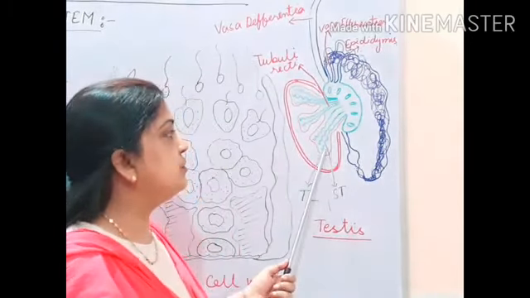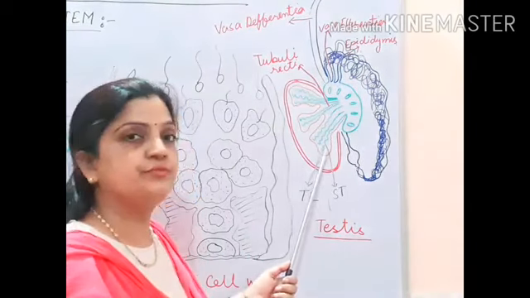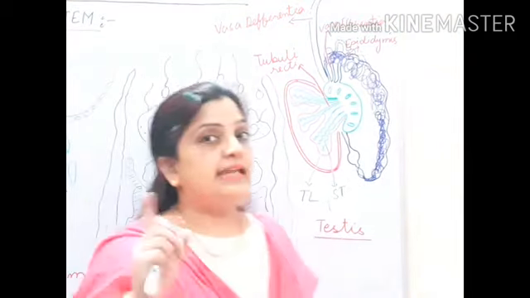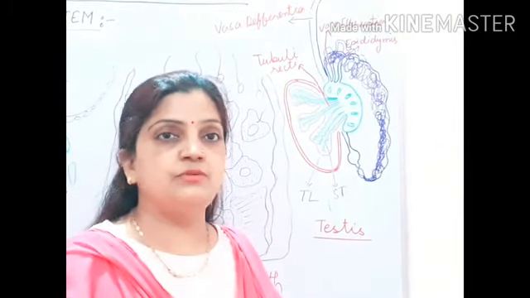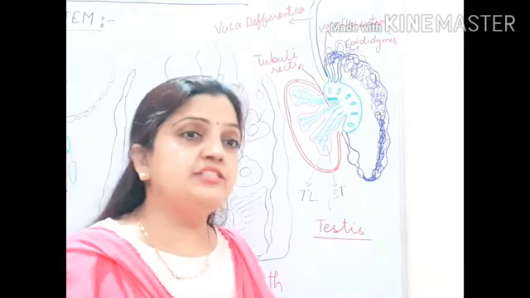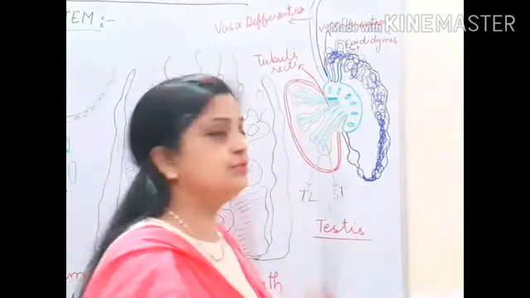Now today we are going to study the descriptive structure of the seminiferous tubule. Each testis has 250 small compartments, testicular lobules, and each testicular lobule comprises 2 to 3 seminiferous tubules.